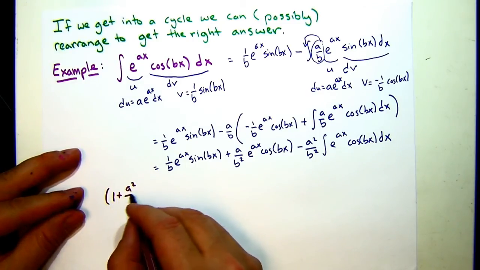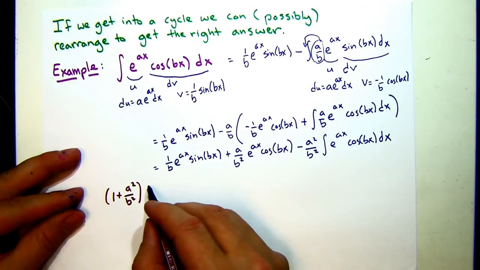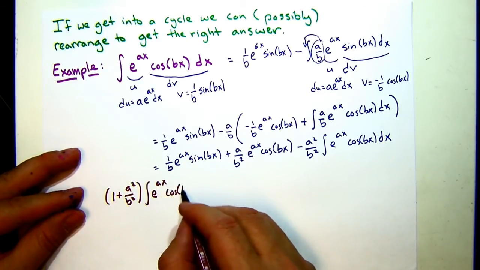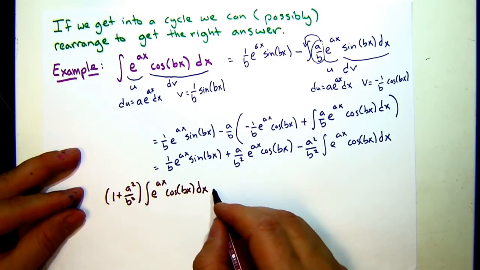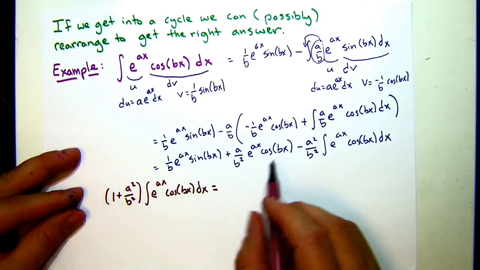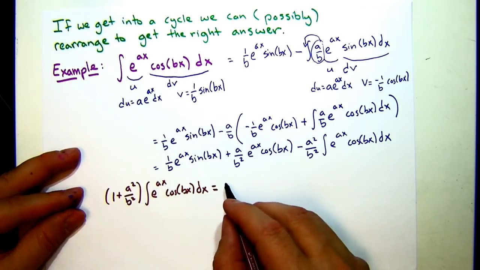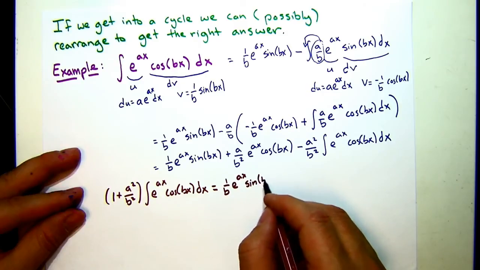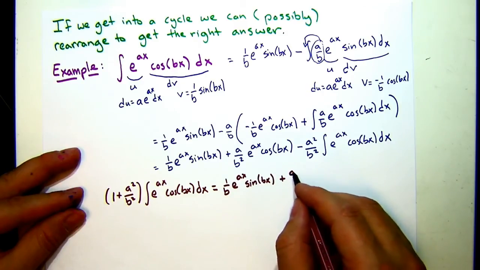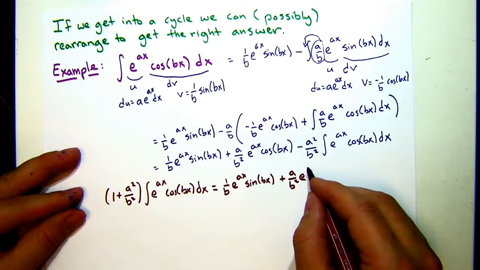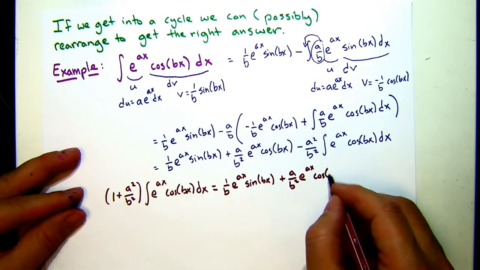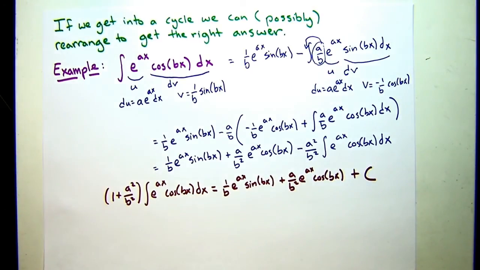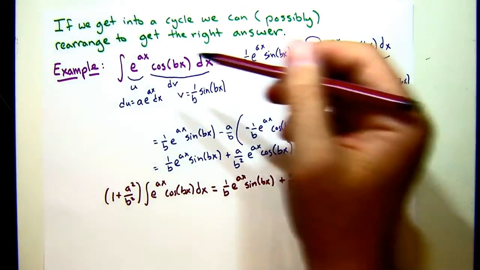And if I do that, I'm going to get 1 plus a squared over b squared times the integral e to the ax cosine bx dx is equal to, and now we have what's left, 1 over b e to the ax sine bx plus a over b squared e to the ax cosine bx, and plus c.